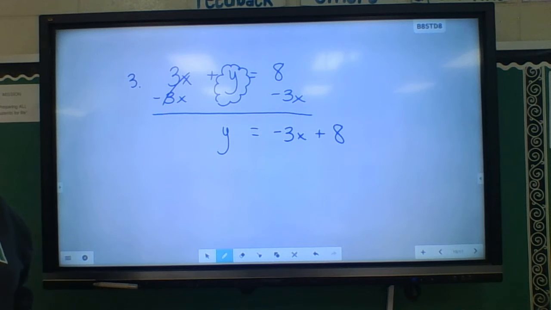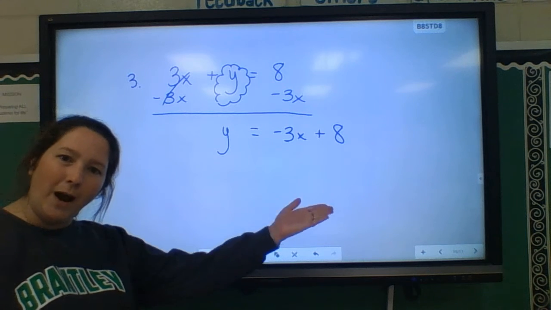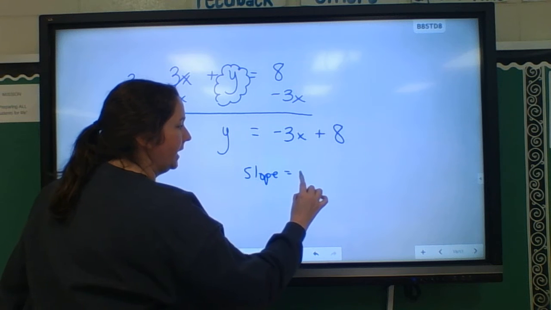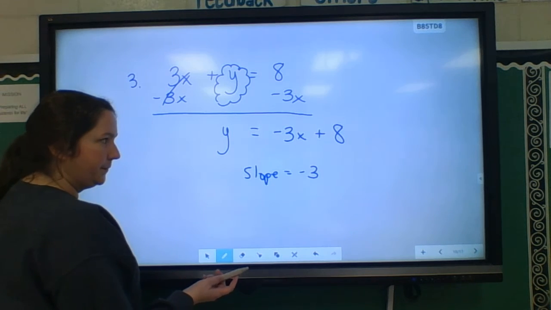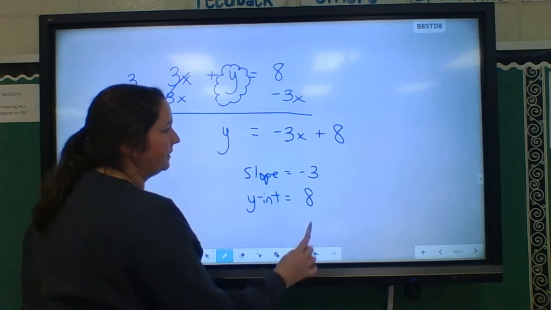Just write them side by side. Now I can figure out, oh, what's the slope and y-intercept? So my slope is -3 and my y-intercept is +8.